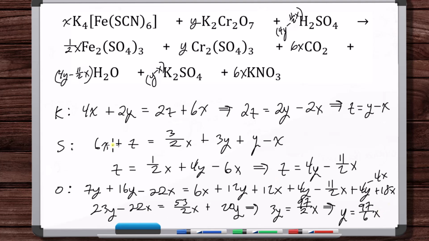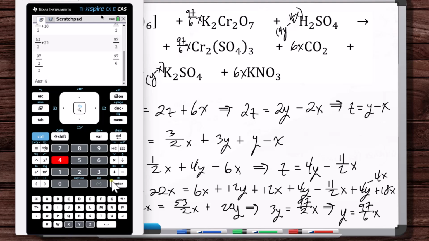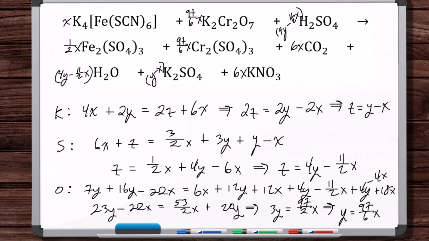Now let's plug 97 over 6 for Y in here. So 97 over 6 times 4 is 194 over 3 X, and then minus 11 halves, 355 over 6.